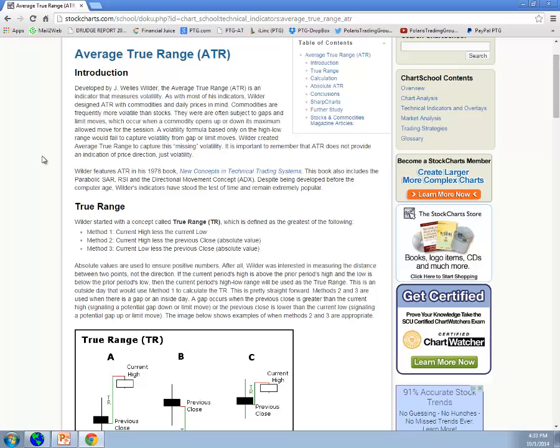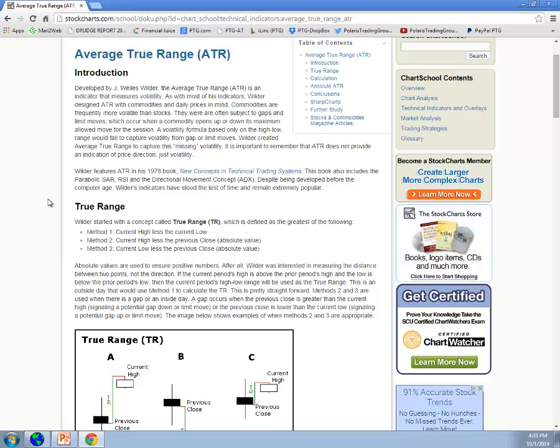Simply, what the average true range is: it takes the current high less the current low. There's a variety of methods here. The highest high and the lowest low of a period. So, for instance, inside days are not necessarily counted, but rather the range high and the range low of a number of days.